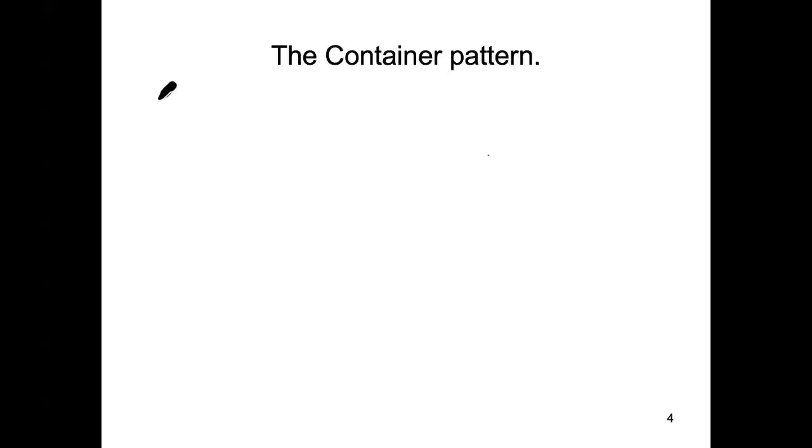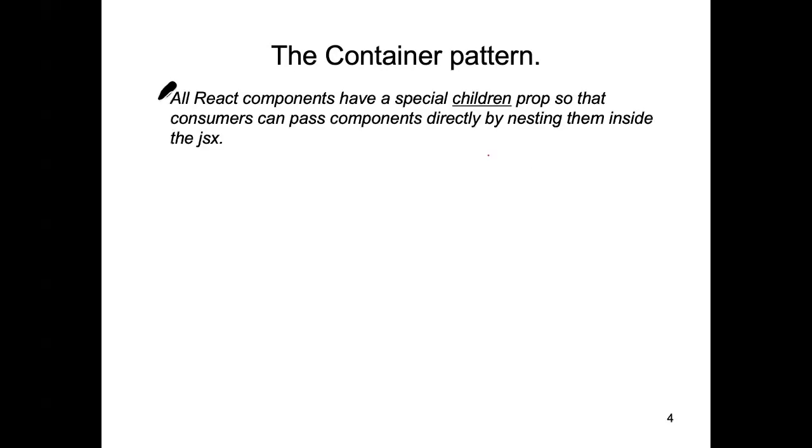So the first pattern we will look at is the container pattern. I'm saying here that a React component has a special prop called the children prop. It has been there all the time, but we haven't used it up to now. What it allows us to do is to pass components to other components, and we do that by nesting them within the JSX.